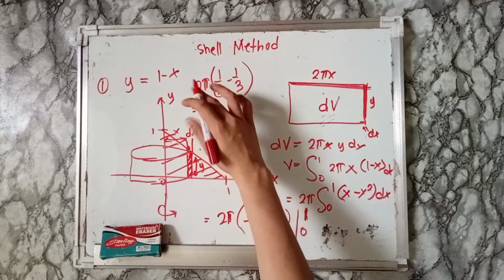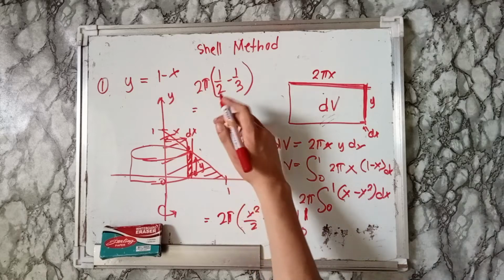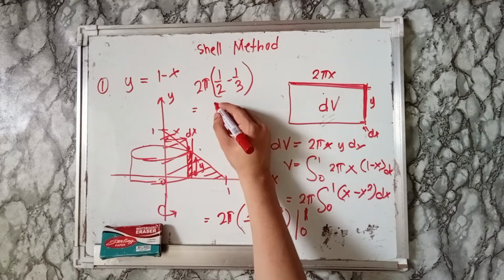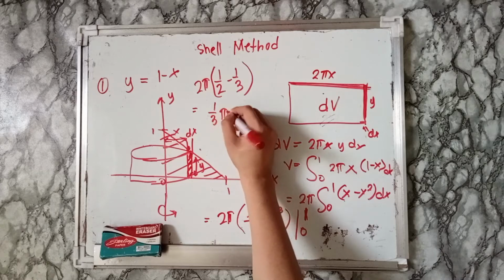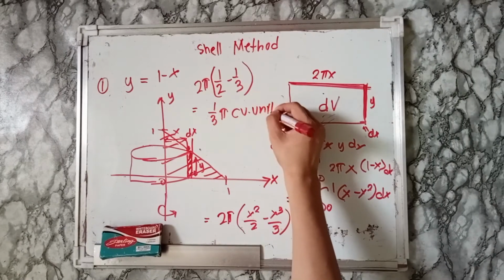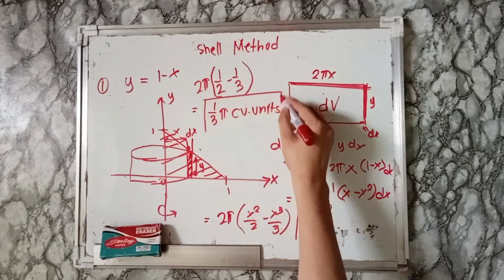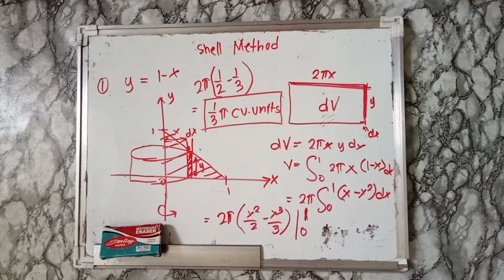Since we have 2 here, 2 and 6 will cancel out, and what's left is 1/3 pi cubic units. Now this is the answer. Now I guess that's it for our shell method. Since I don't have time left, let me give you some practice problems in shell method.